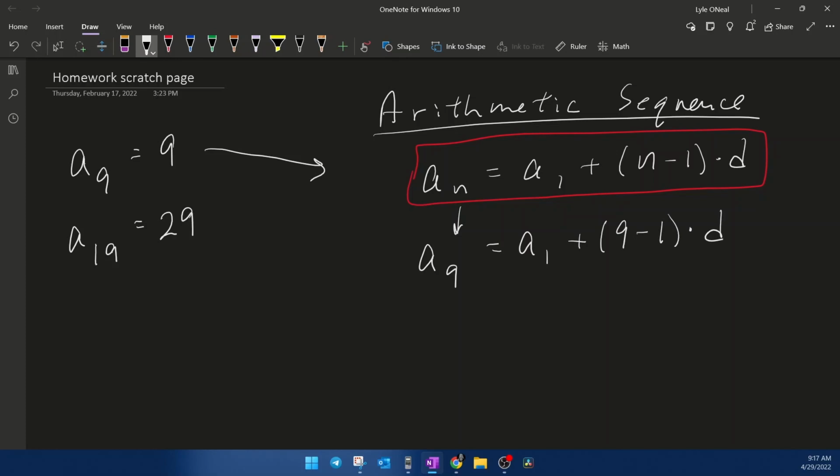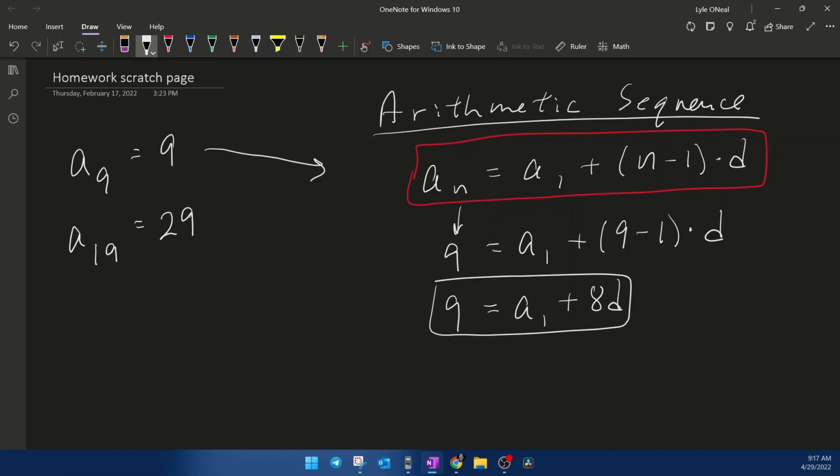And again, I don't know the common difference. But I do know that the 9th term is 9. And so that's going to say 9 equals a sub 1 plus 9 minus 1, which is 8, times d. And so that equation will simplify down to this one right here.